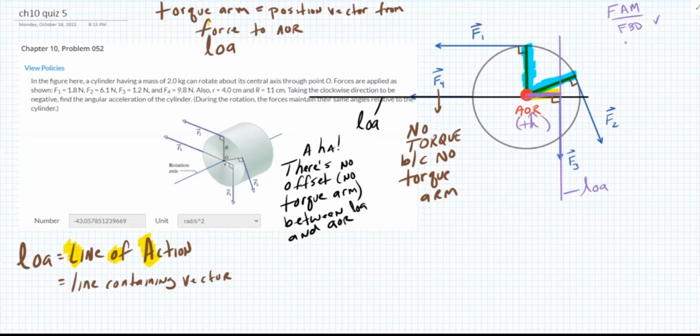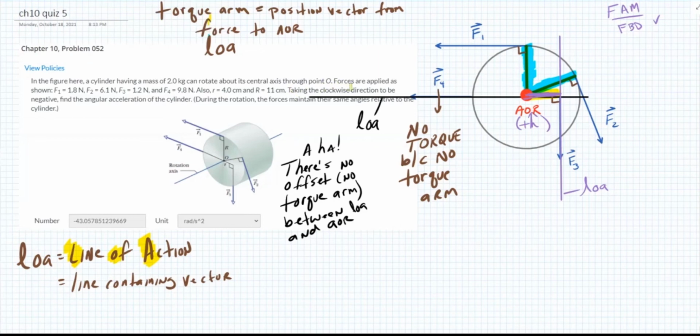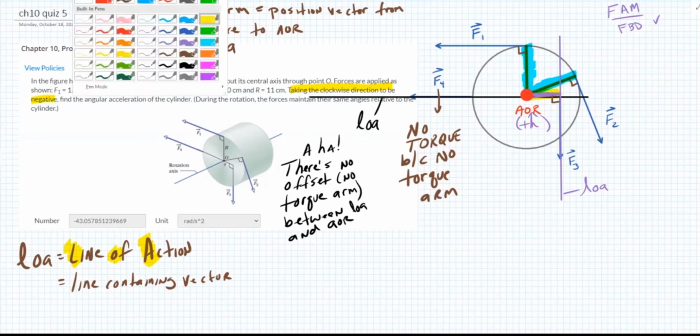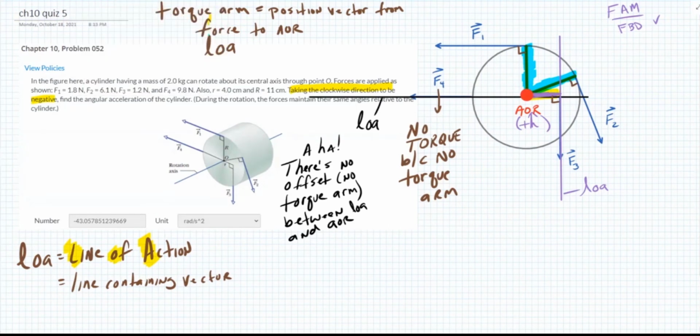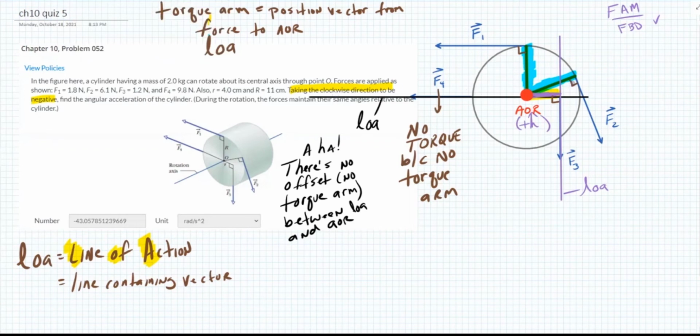I guess they actually give you a constraint: taking clockwise direction to be negative, which means counterclockwise is positive. So there's no reason to debate that. They're saying take counterclockwise as positive. All right, because clockwise is negative. So here's counterclockwise.